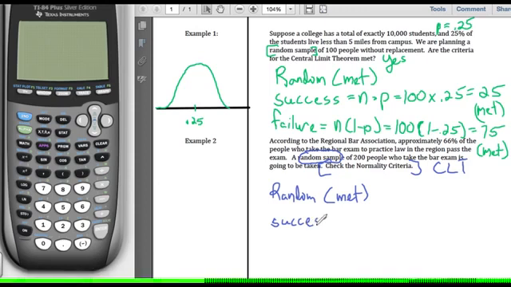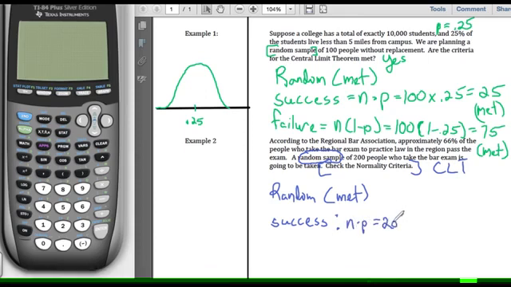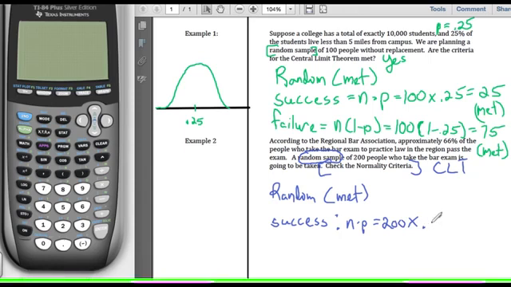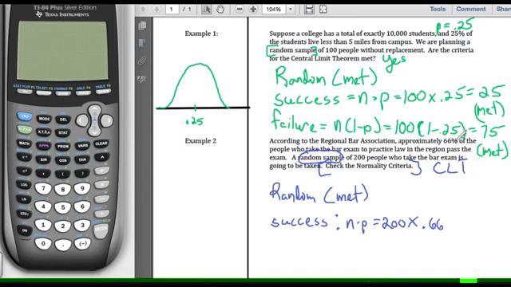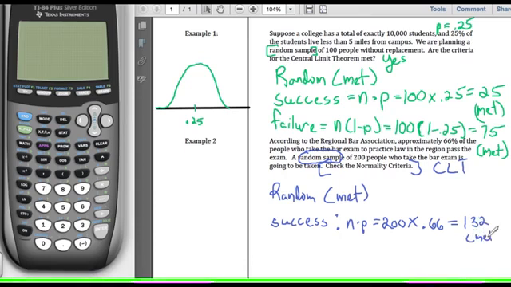My success number. How many people do I expect to pass the bar exam? That's N times P. This time my sample size is 200, times P, in this case 0.66 from the 66% who pass the exam. This will give me 132, and because that's over 10, I can say it's met.